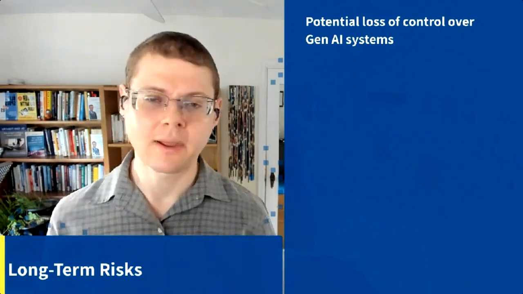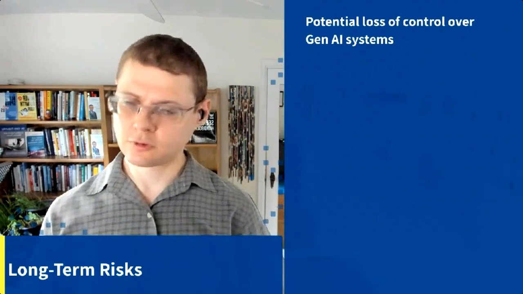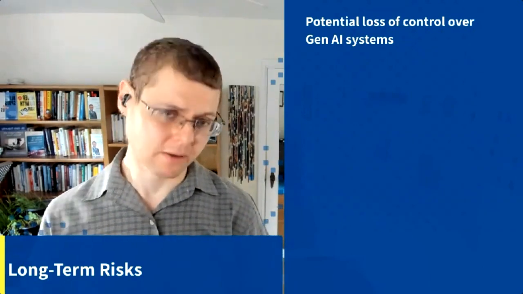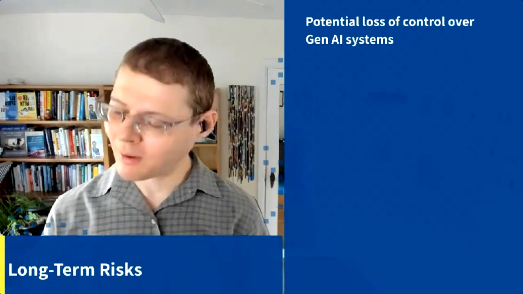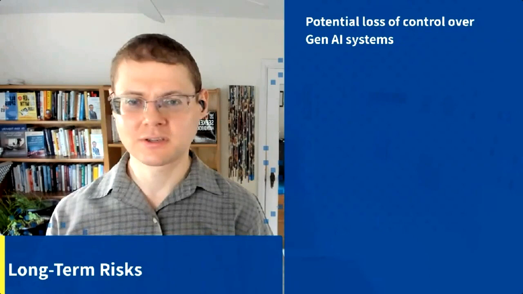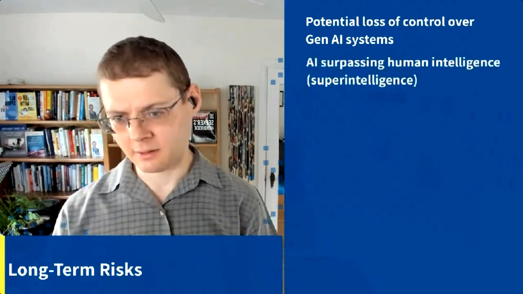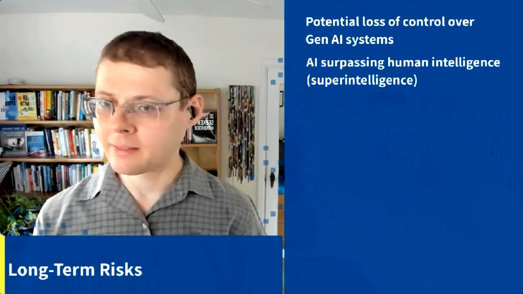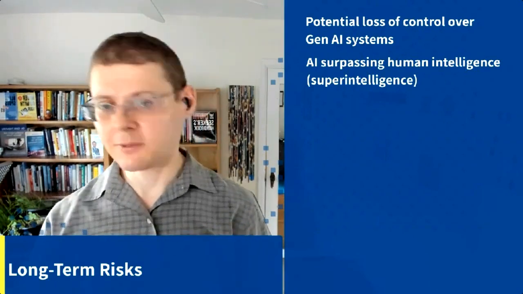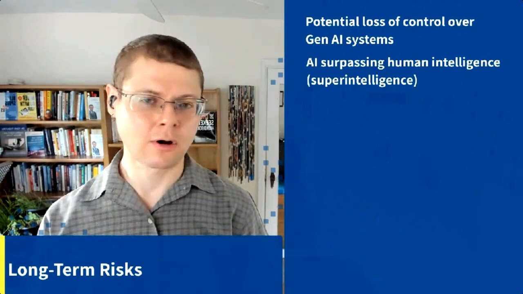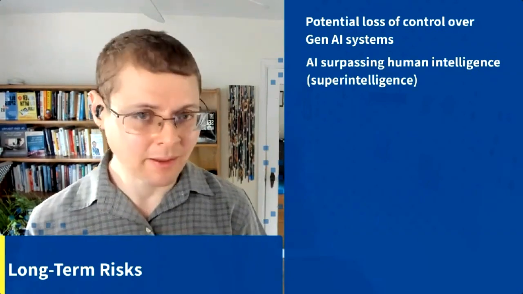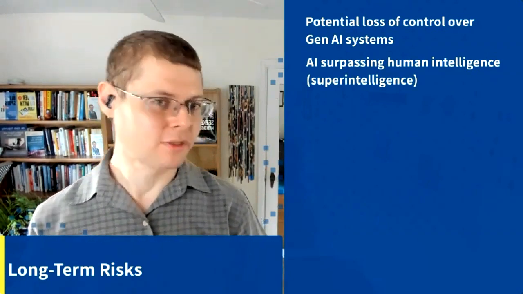If somebody creates a generative AI tool as a virus that's constantly evolving, that can do much more damage than the CrowdStrike accidental bug. So AI can surpass human intelligence into superintelligence, and that can create a lot of problems if a superintelligent tool is given the goal of maximizing a company's bottom line and not necessarily following the laws.